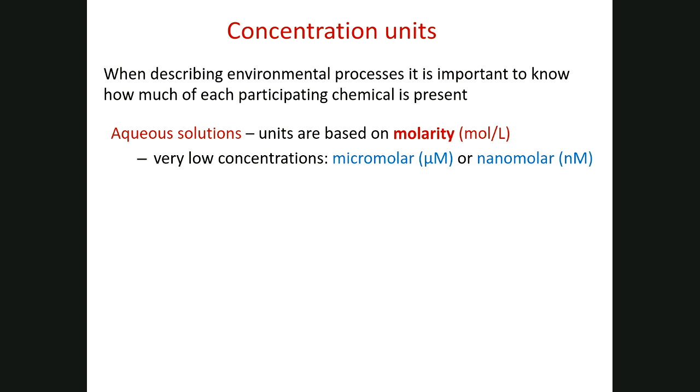Then instead of talking about moles per liter of substance, we talk about micromoles per liter or nanomoles per liter. So micromolar and nanomolar concentrations are more commonly employed in the literature and in scientific reports describing the concentration of a chemical.